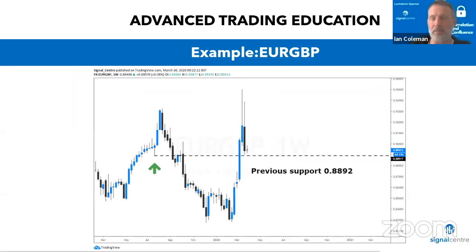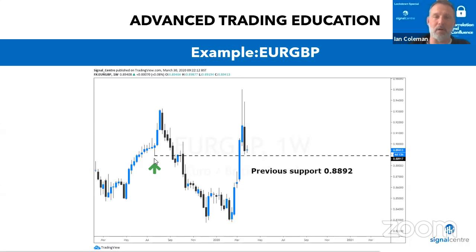And then what else have we got? Well, if we go to the weekly chart, then we can see it's not the best swing low, but it is a weekly chart. If we broke that down to a 4-hour chart or an hourly chart, that would look like quite a decent swing low. We've got a previous support level at 88.92.